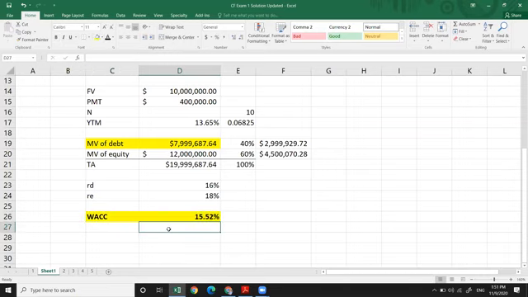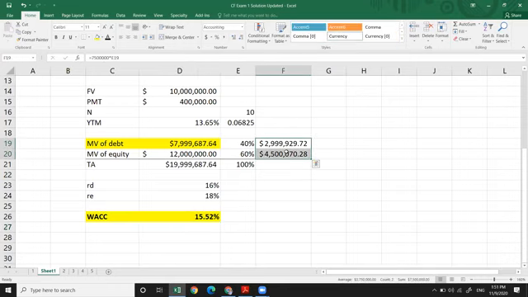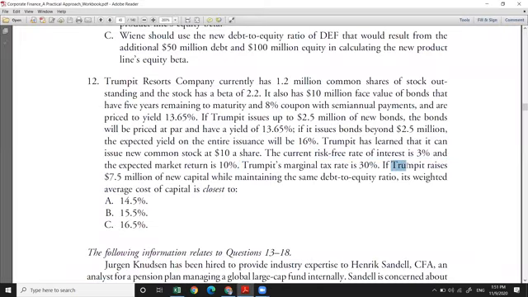Professor, why did we find this 3 million, 4.5 million? The aim was to keep the capital structure the same, 40 to 60. The question said Trumpet would like to raise 7.5 million of capital.